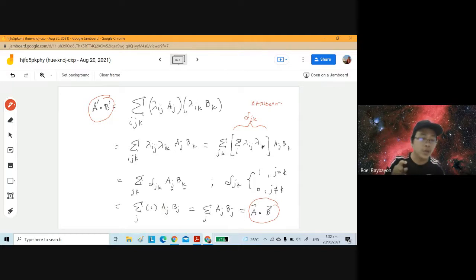So therefore, the dot product is a scalar quantity.